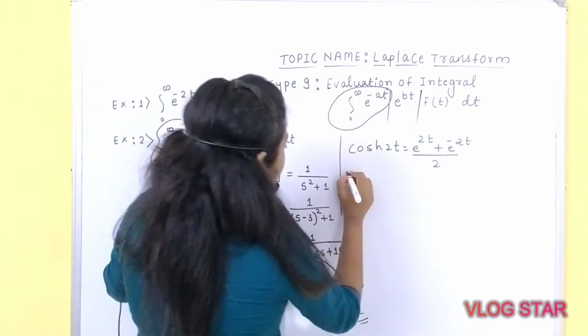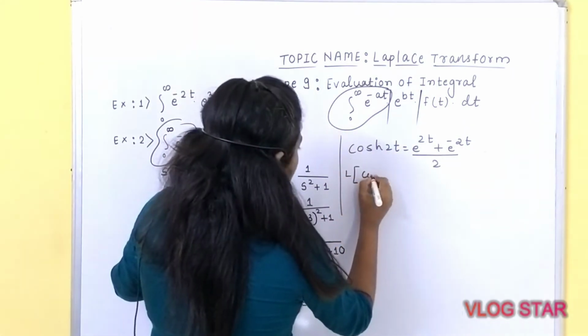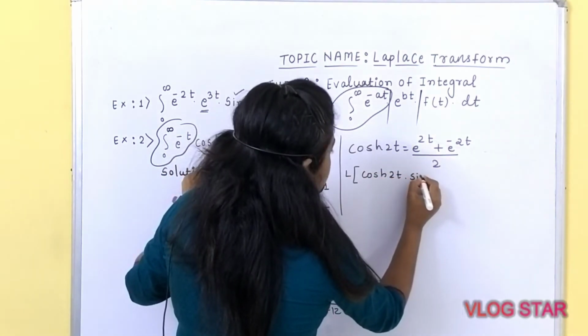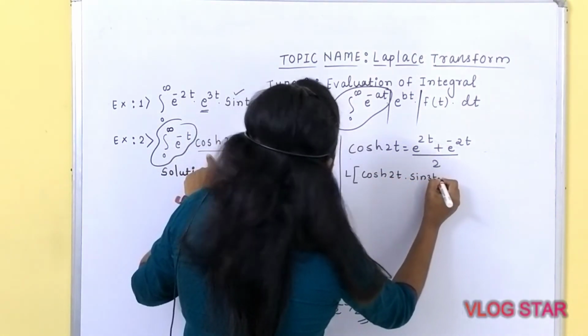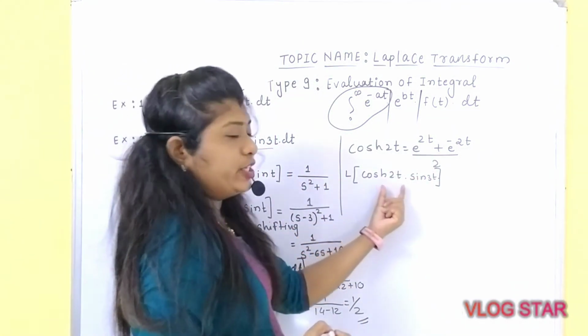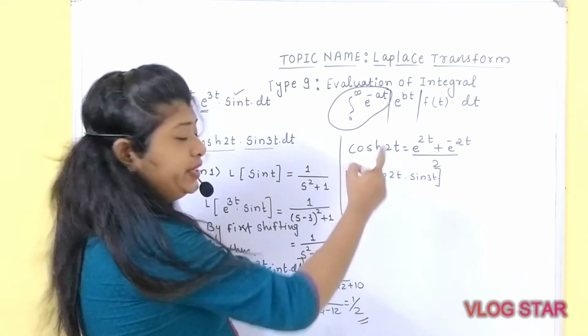So if I need to calculate the Laplace of cosh 2t into sin 3t into dt, let's consider the Laplace of cosh 2t into sin 3t.